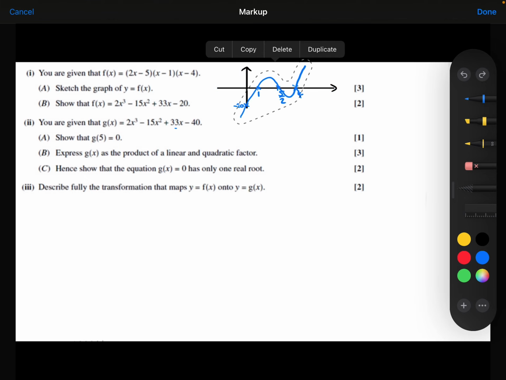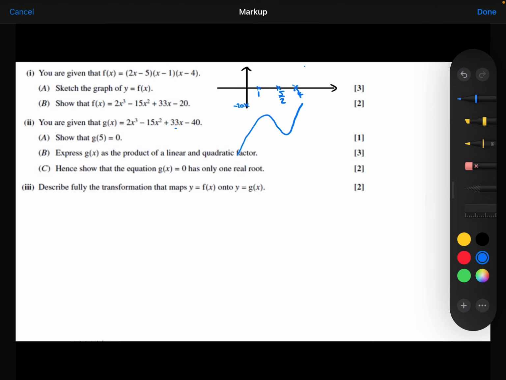Imagine taking the graph we've drawn here and moving it down 20 so it cuts through at minus 40 on the y-axis instead. Anyway, we might come back to that later in the question. Just something to note at this stage.